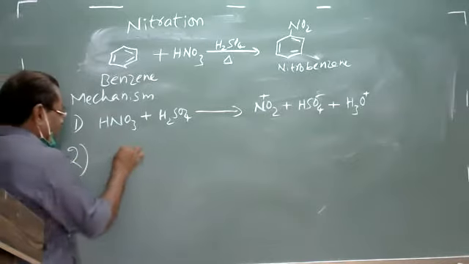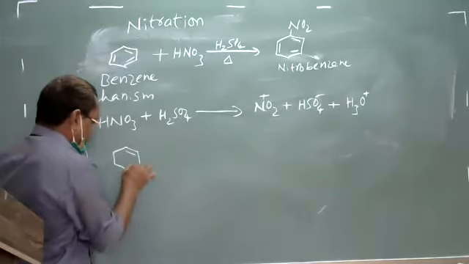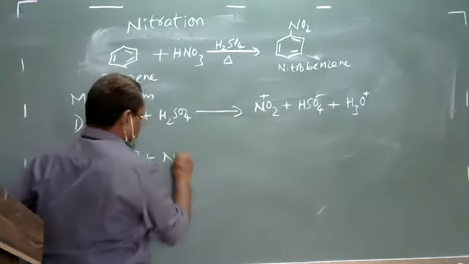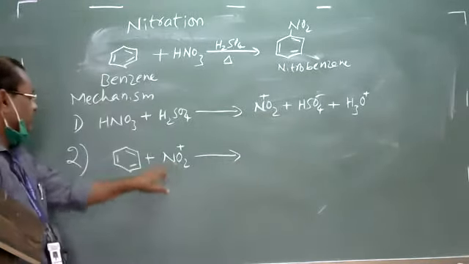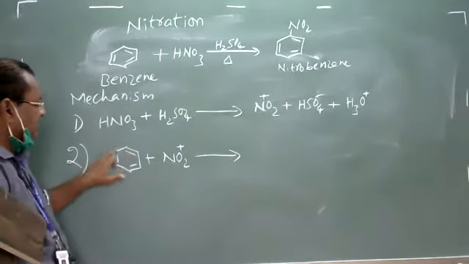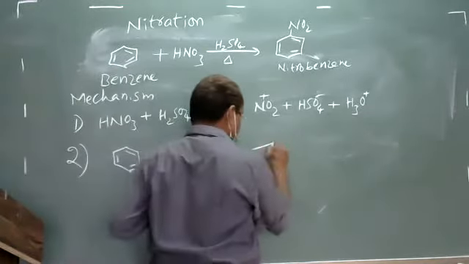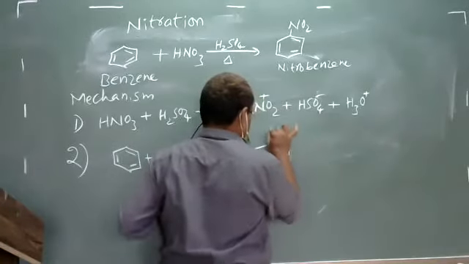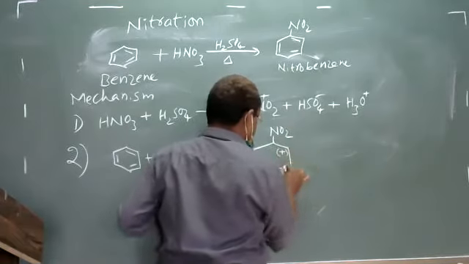In the second step, the nitronium ion is going to attack benzene, the other reactant. The nitronium ion uses the pi electrons from this benzene and forms a bond with the carbon, and the adjacent carbon gets a positive charge.